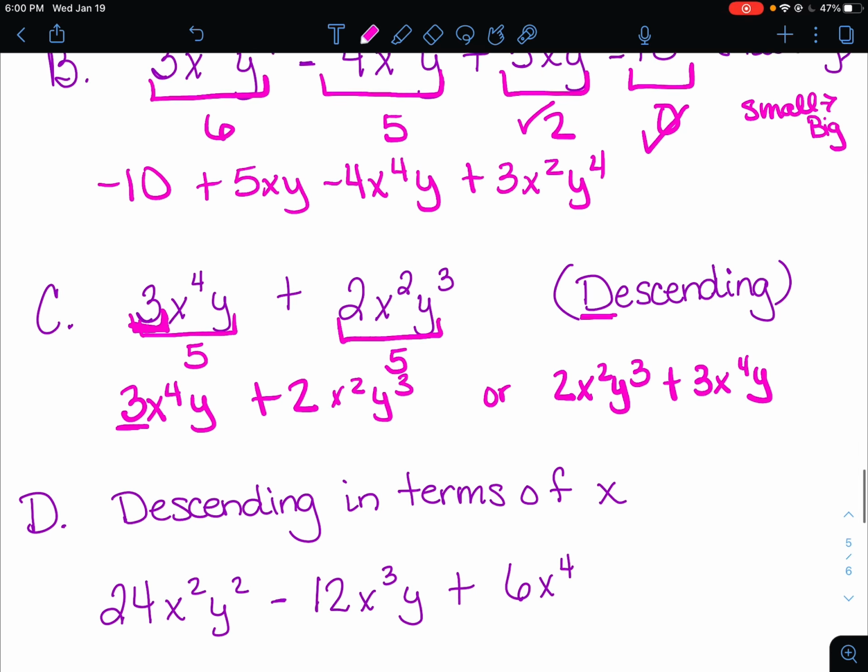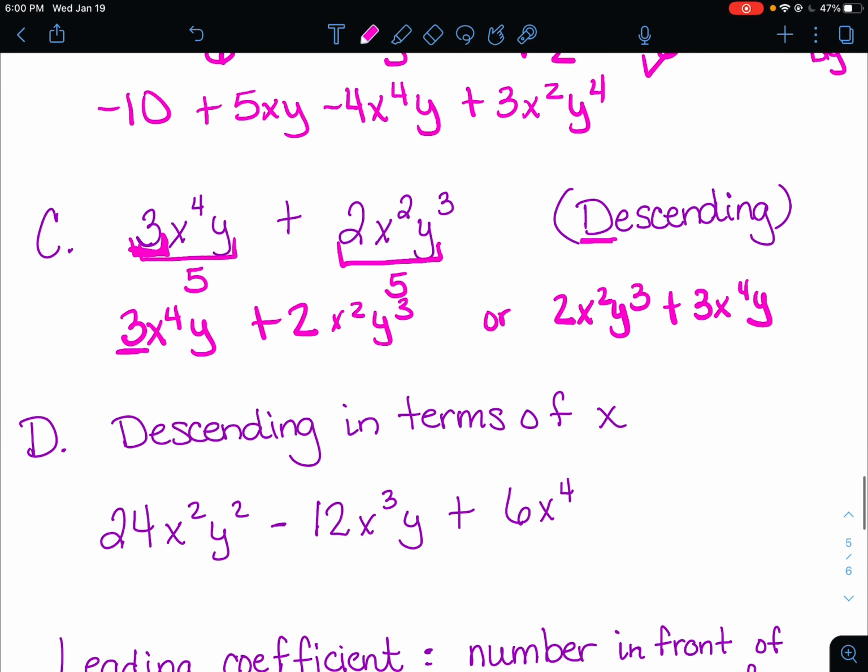Now, occasionally they'll ask you to write something descending, and this one says in terms of x. So we're only looking at the x values. This one has a degree of 2, this one has a degree of 3, and this one has a degree of 4.